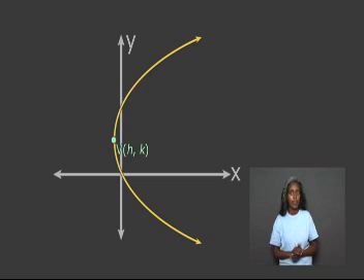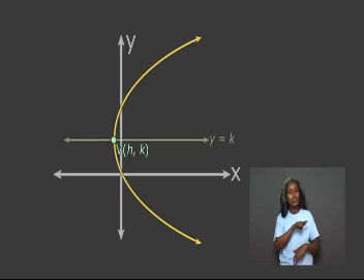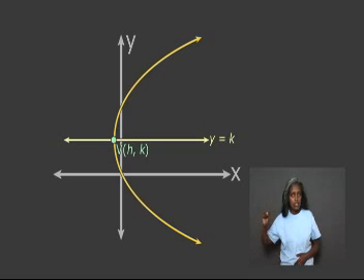V lies on the line of symmetry called the axis. The axis of the parabola is the line y equals k. F is the focus of the parabola. The axis of the parabola passes through both F and V.